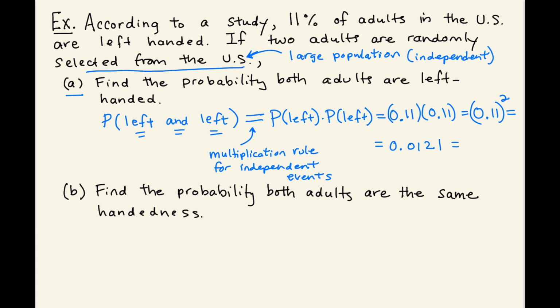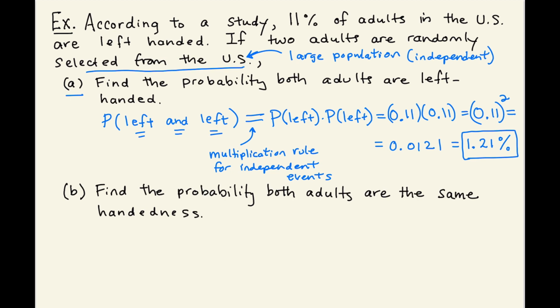And I can also write this as 1.21%. So there's a little over a 1.21% chance that both of the randomly selected adults would be left-handed.